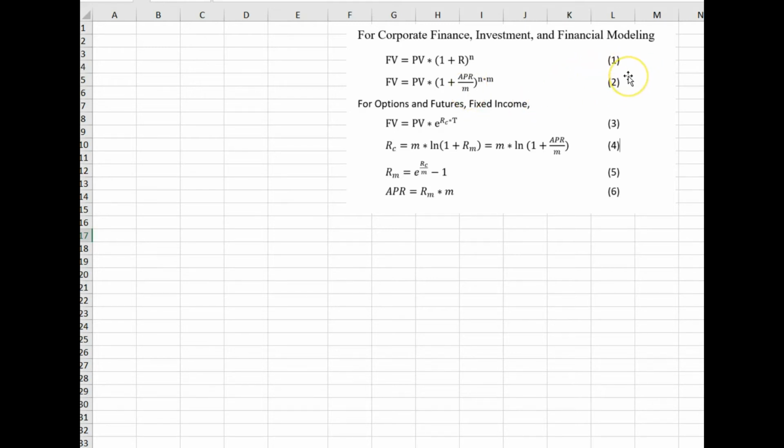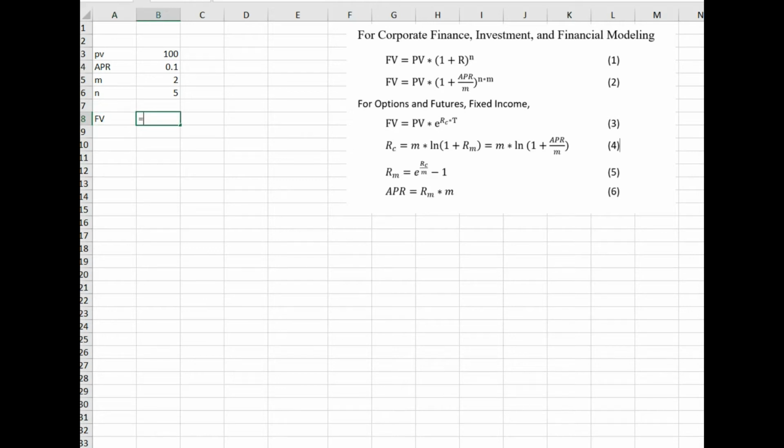So let's use some numbers to calculate future value based on equation number 1 or equation number 2. Okay. So present value equals 100. APR is 10%, compounded semi-annually, so M equals 2. And how many years? Suppose it's 5 years. If we apply equation number 2, this is the future value.